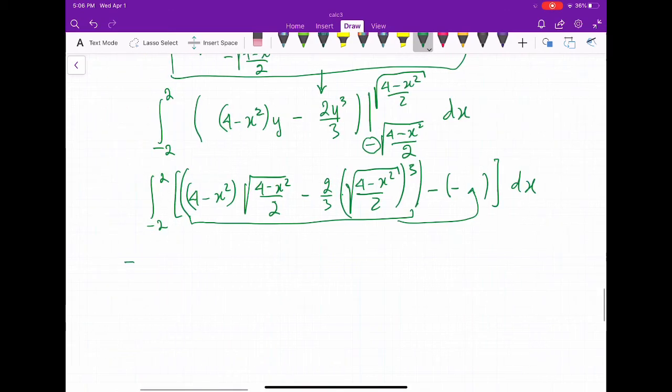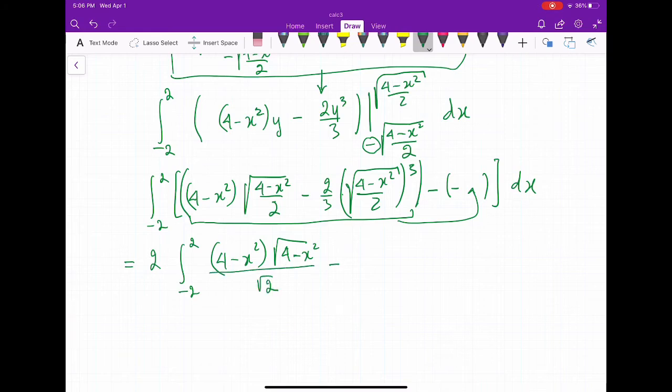Makes sense? So you have double: 2 times integral from negative 2 to 2, and here you have (4 minus x squared) times square root of (4 minus x squared) over square root of 2, minus 2 over 3, and then 2 cubed. So I would write 2 square root of 2 right here, and then here I have (4 minus x squared) cubed, dx.